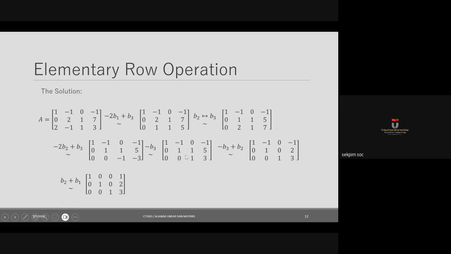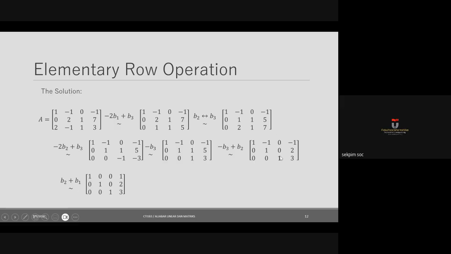Such that you have 0 minus 0, 0, right? Minus 1 minus 0 is 1. So 1 minus 1 is 0. 5 minus 3 is 2.